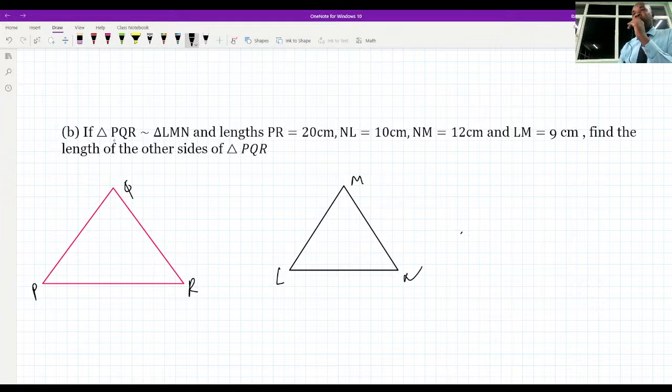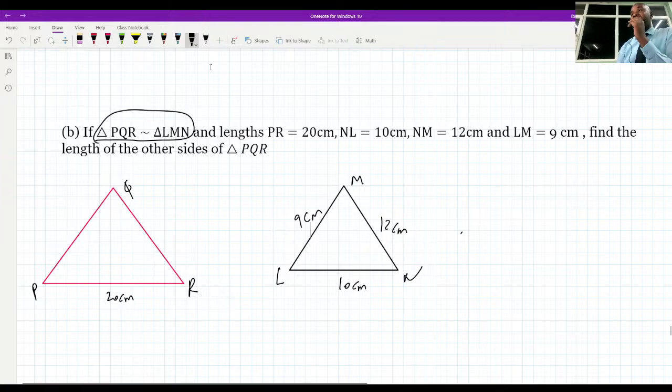Make sure the naming falls exactly in the given order. So we are given PR is 20 centimeter and NL is 10 centimeter. NM is 12 centimeter and LM is 9 centimeter. Find the length of other sides of triangle PQR. So we're supposed to find the other side of triangle PQR.